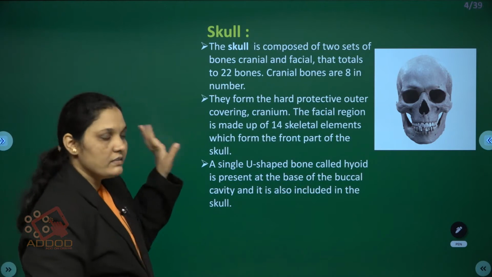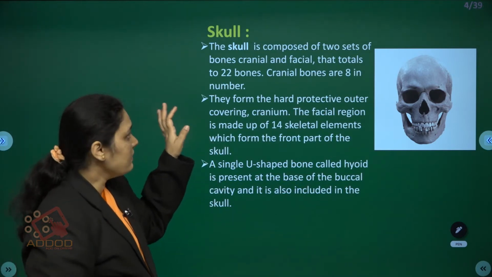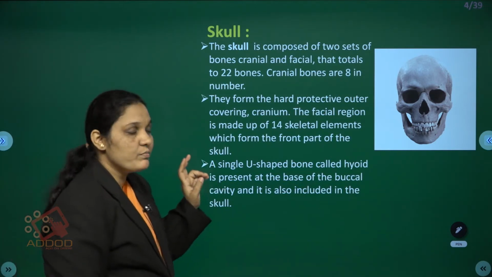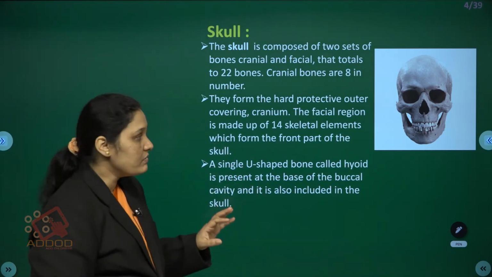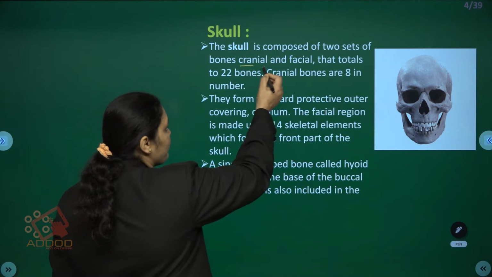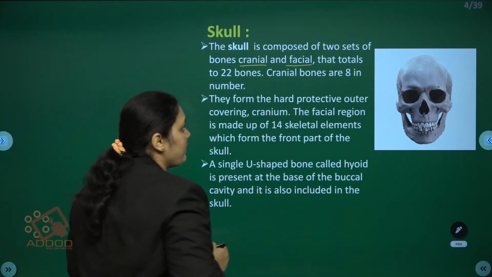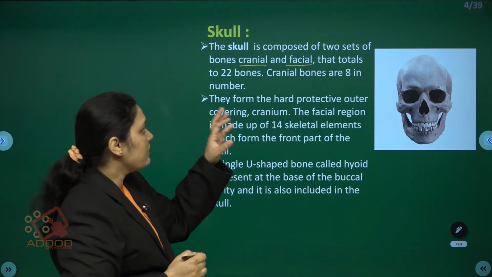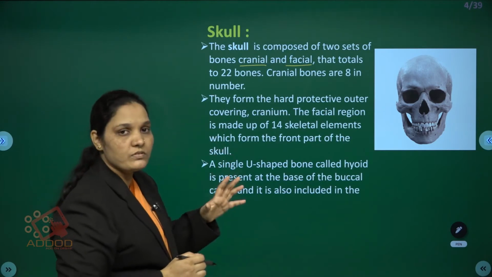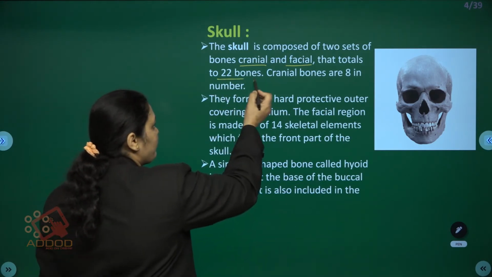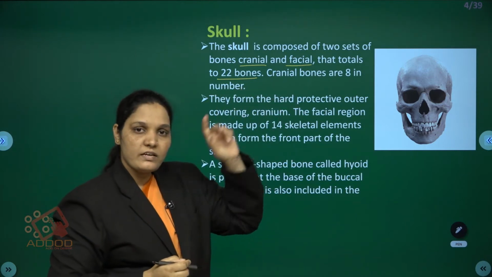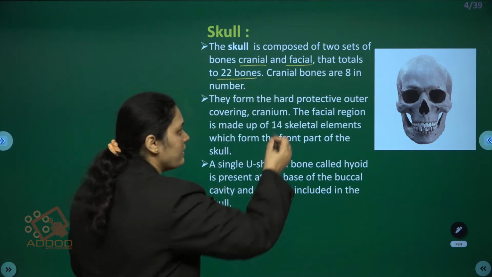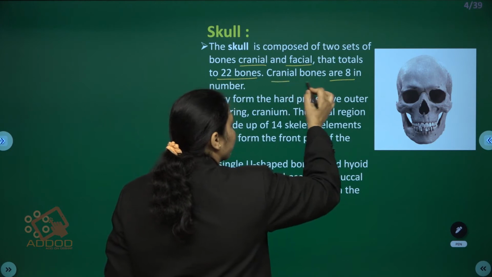Now, the skull. The skull is composed of two sets of bones, which are cranial bones and facial bones, cranial and facial. That totals 22 bones. Out of this, cranial bones are 8 in number, 8 cranial bones we have.